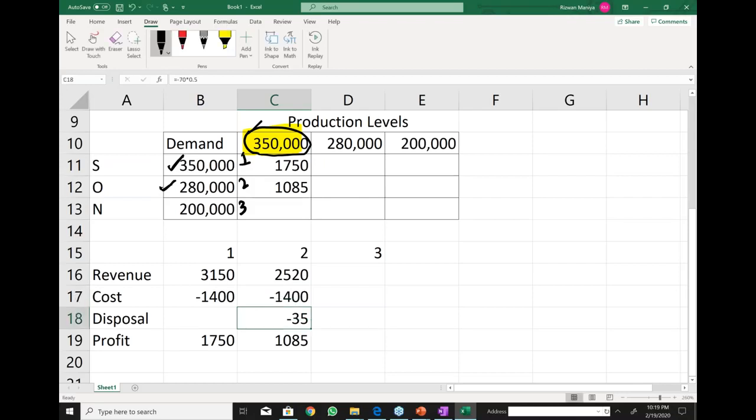Now, let's move on. If you produce 350 and the demand turned up 200, now what? The demand turned up 200. How much will you be able to sell? 200 at the rate 9.